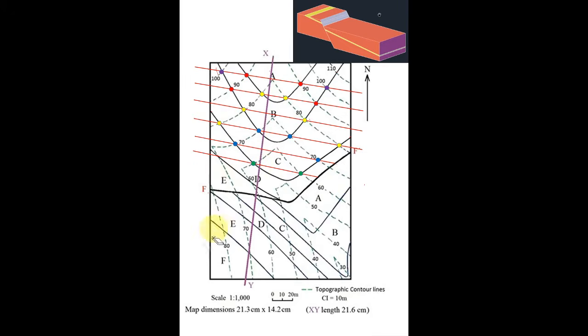These red color strike lines are for the upper rock, and for the lower rock I'll be using a different color. Now the other side of the 60 is not seen due to this fault. If this rock was completely fine, that is, if no faulting would have taken place, then the 60 would have definitely come somewhere here if we extend it this way. But right now, it is not seen because of the faulting process.